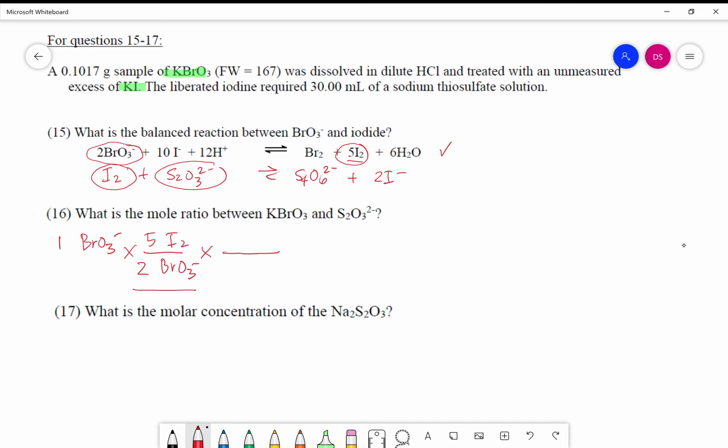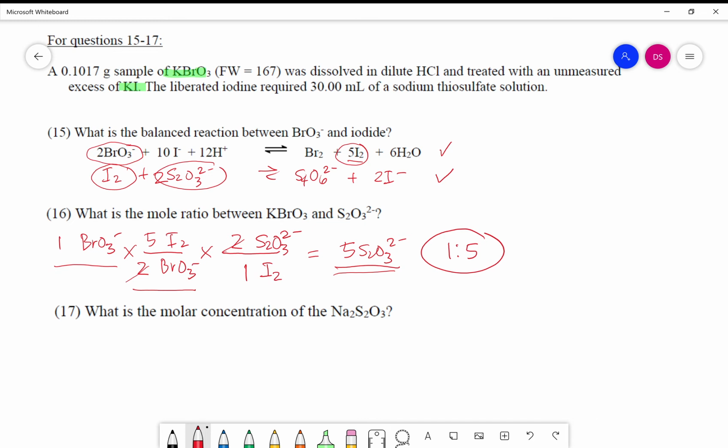We multiply it further by a factor that cancels I2 but converts that to S2O3 2 minus, and this time we're going to use the titration reaction, and here you have 1 I2, actually this should be 2, and 2 S2O3. So the 2 cancels, so you actually have 5 S2O3 2 minus. So the ratio is 1 BrO3 is equivalent to 5 S2O3. So 1 is to 5.